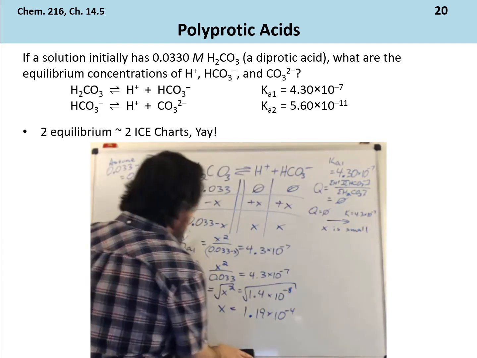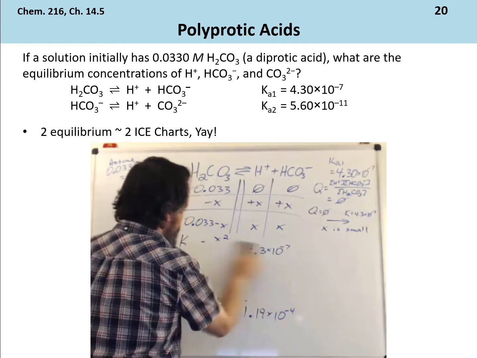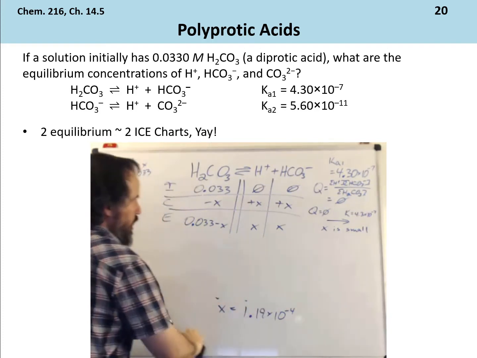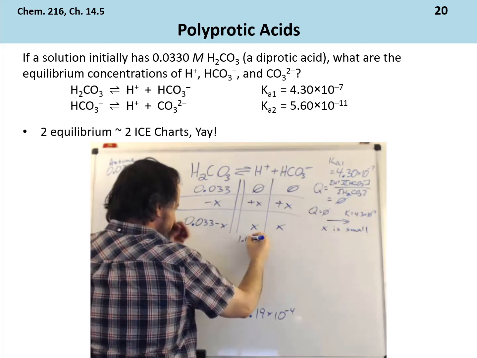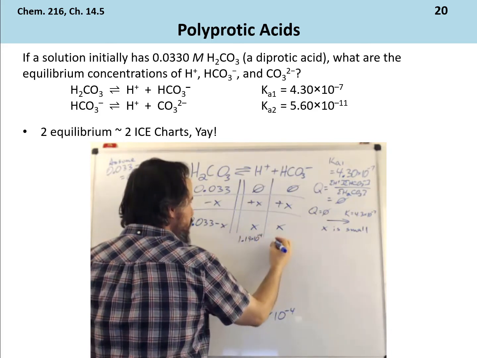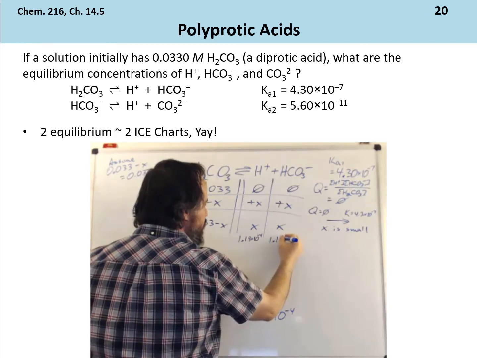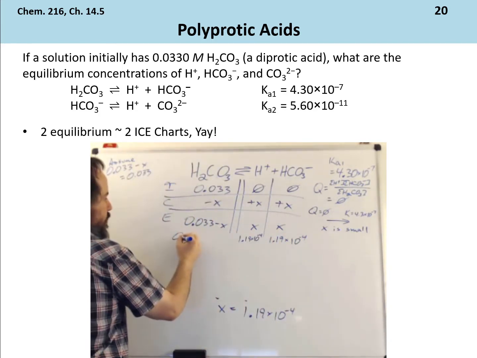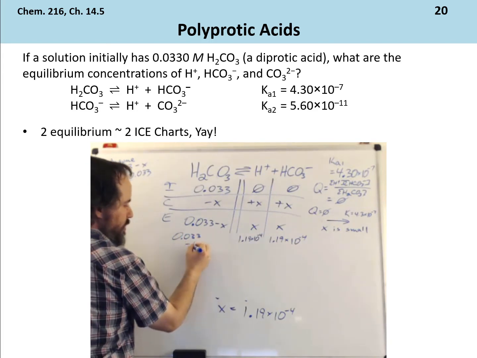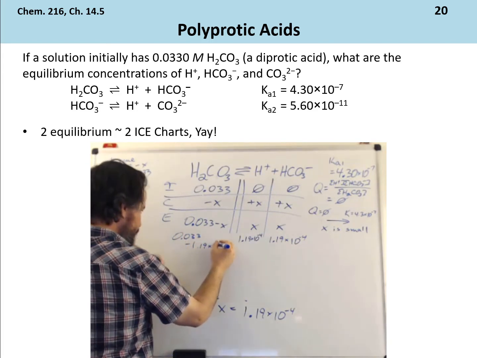So now I can go ahead and plug that into here. My H+ is 1.19 times 10 to the minus 4. My HCO3- is 1.19 times 10 to the minus 4. And this will be 0.033 minus 1.19 times 10 to the minus 4.